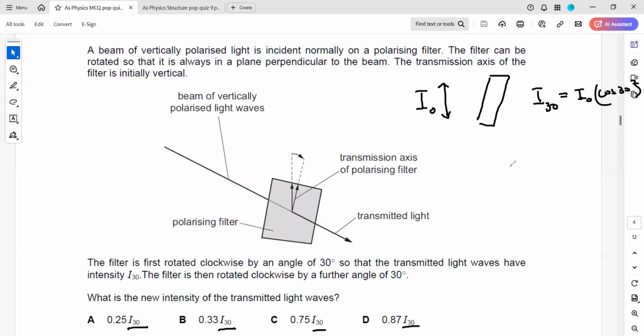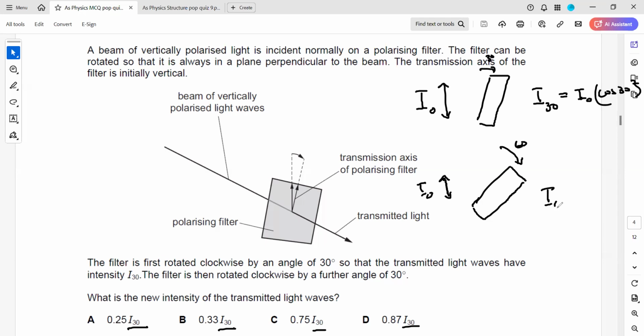Then they said the polarizing filter is further rotated by 30 degrees. So how much is the angle between the original light and the new plane of the polarizing filter? That is 60 degrees, because first it was rotated 30, then a further 30, so the total angle from the original is now 60.